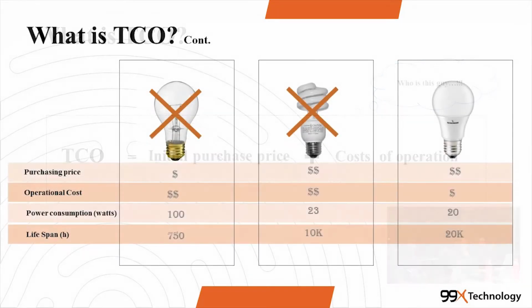Okay, this is one of the famous examples for introducing TCO. You can get 3 light bulbs. One is with a filament, the other one is CFL, another one is an LED light bulb.